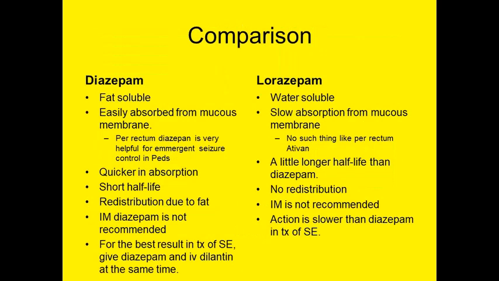Diazepam is fat soluble, so it is easily absorbed from the mucous membrane, per rectum or per mouth under the tongue. It's quicker in absorption and redistribution due to fat absorption.